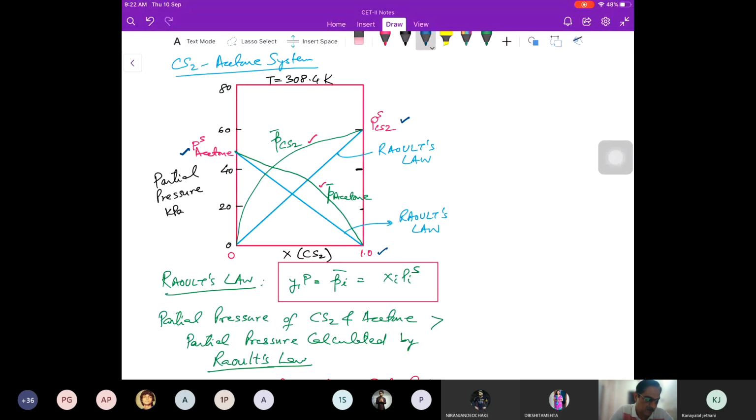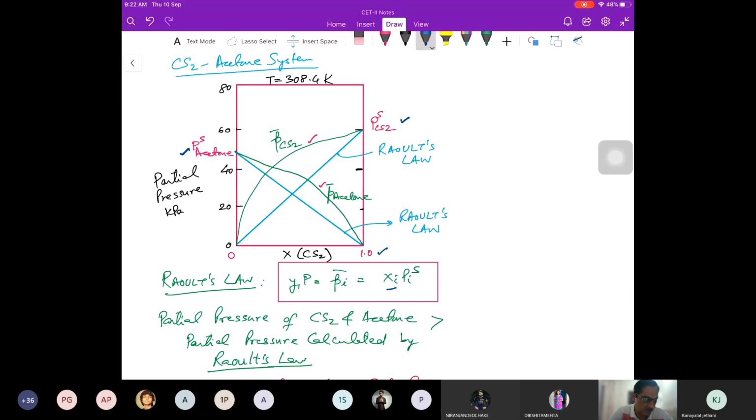If y-axis is Pi bar, that means straight line ड्रॉ किया xi pis, there is no intercept, right? समझ में आ रही बात? If I take xi equal to 1, right? ये लिया मैंने, यहाँ पर 1 डाला, तो what I get, pi bar is equal to pi is at xi equal to 1 for CS2.